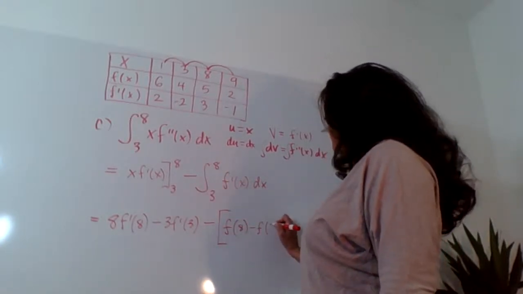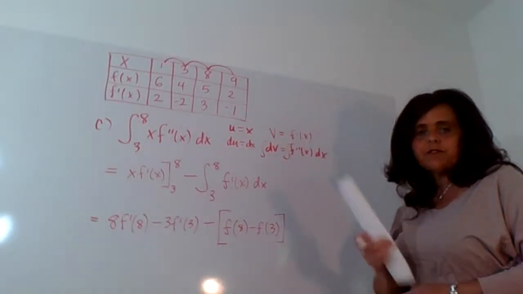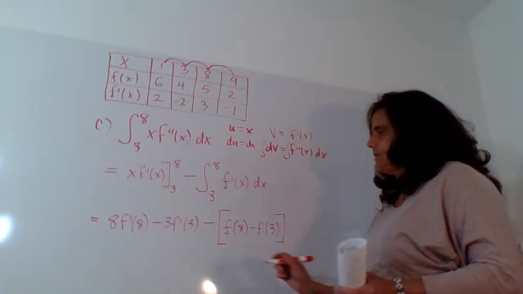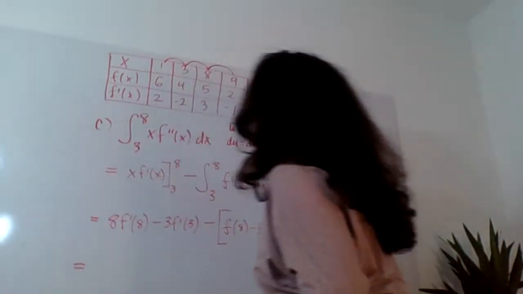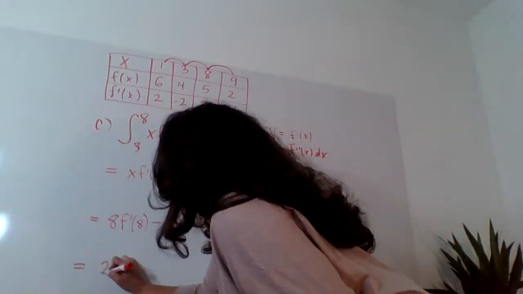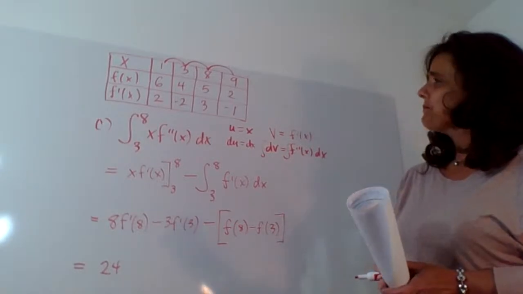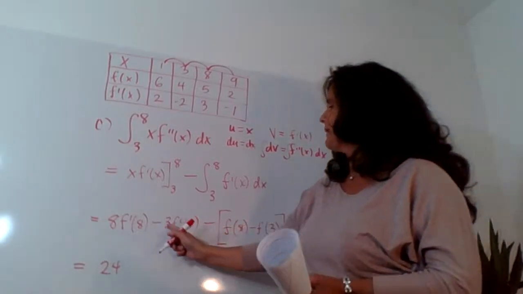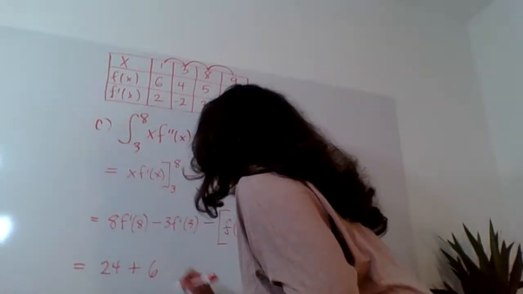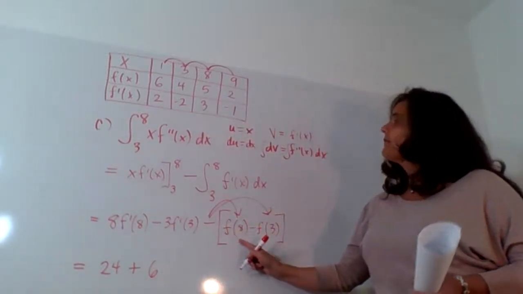And now we need to just grab a bunch of values from the table to get the numeric answer. So now I have 8 times f prime at 8. F prime at 8 is 3, so that's going to be 8 times 3, 24. F prime at 3 is negative 2 times negative 3, so that's a plus 6. Here, I'm going to distribute in the negative, and I'm going to have minus f of 8.